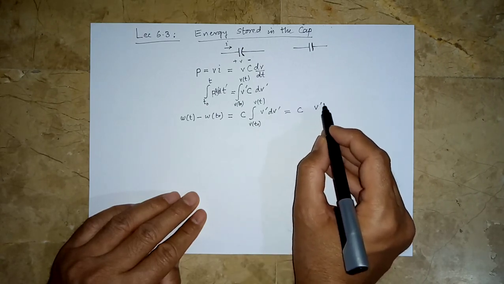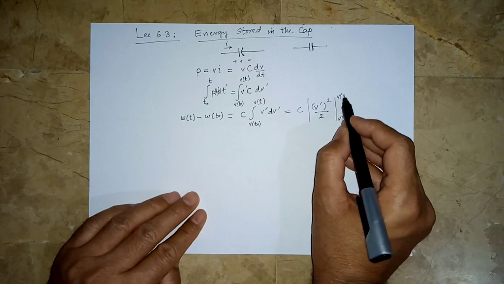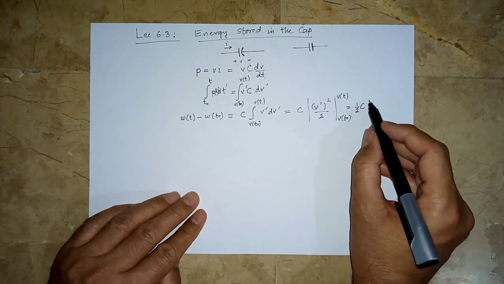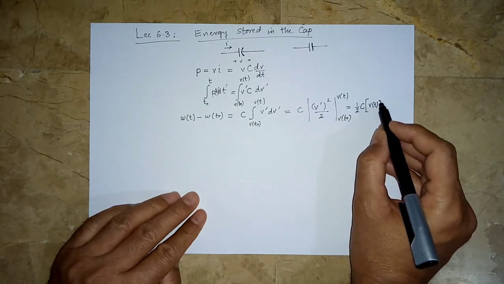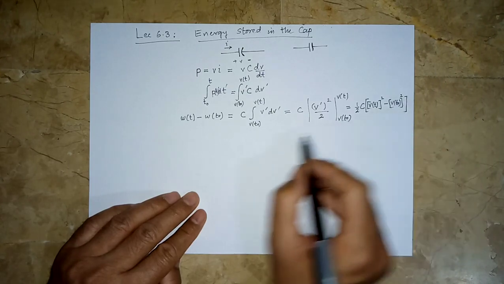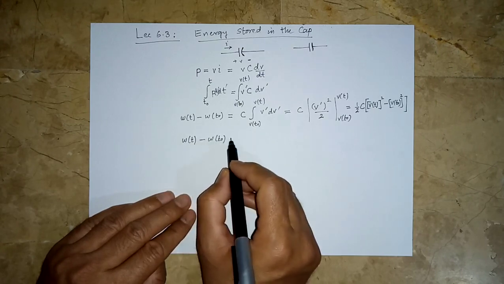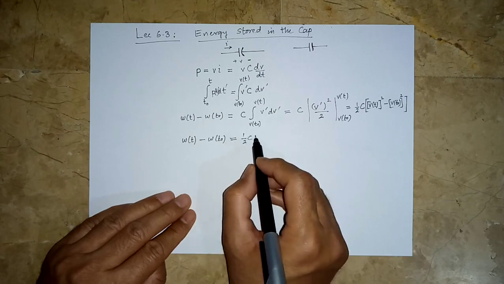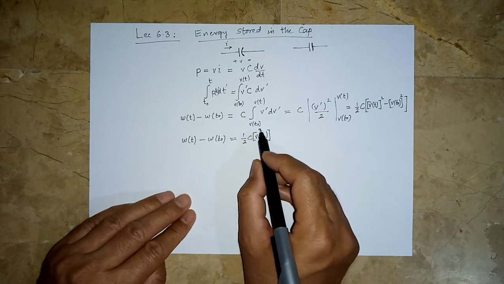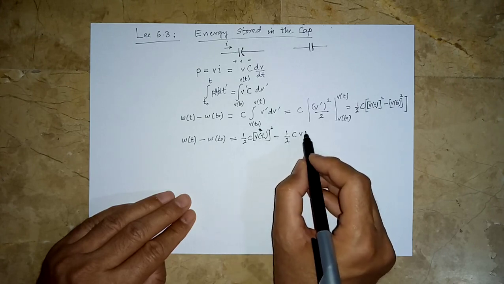We get V squared by 2, with limits V at t naught to V at t, and thus we get 1 by 2 C times V at t squared minus V at t naught squared. So energy at t minus energy at t naught is equal to half C V at t squared, minus half C V at t naught squared.